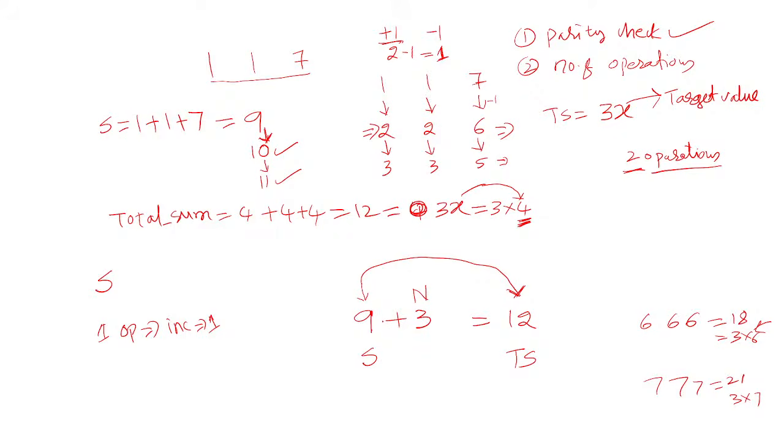See here, 9 became 10, 10 became 11. After this, this becomes 4, this becomes 4, this becomes 4. Now the total is 12. So how many operations did you perform here? This is 1, this is 2, this is 3.